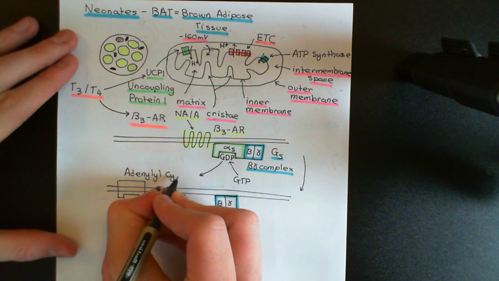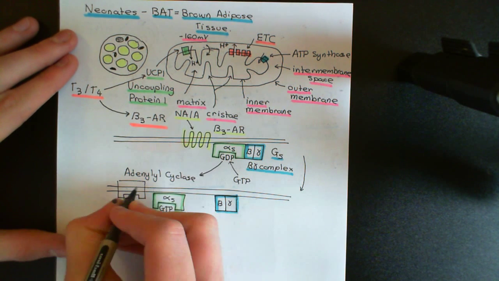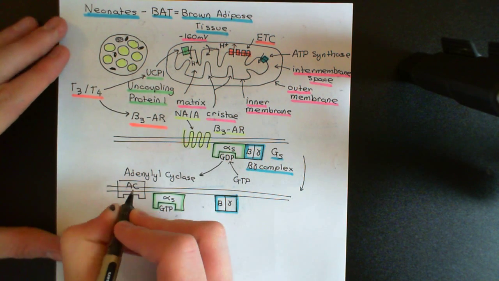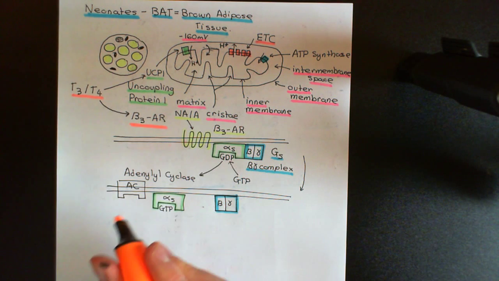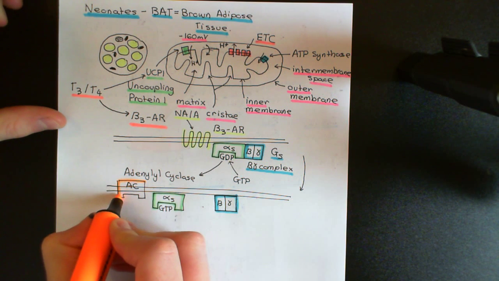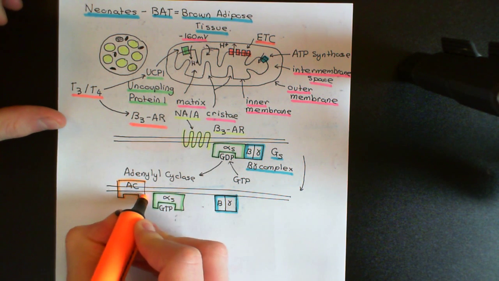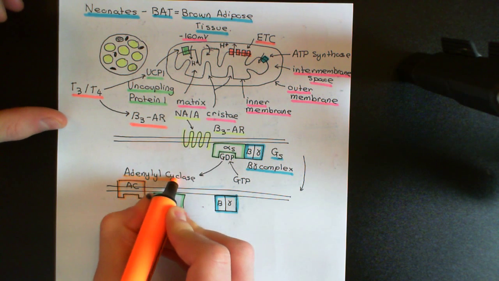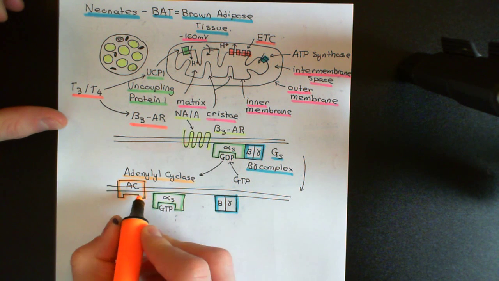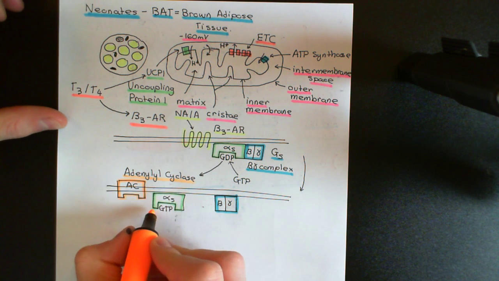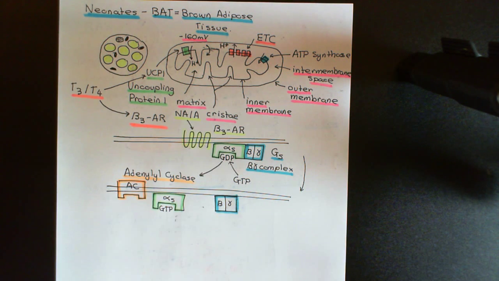For short we can abbreviate adenylyl cyclase to AC, and I'll just colour it in. This is a membrane-bound enzyme, and it's going to be activated by the GS heterotrimeric G protein once it's in the activated state, specifically the alpha S subunit.